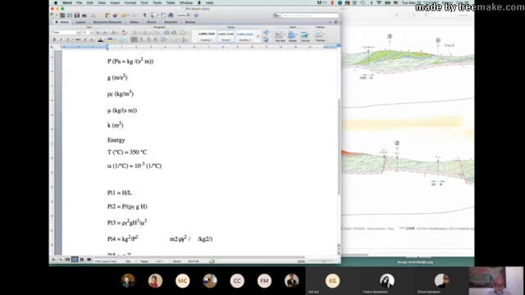Sorry, I made a mistake here. Okay, so my density is going to be kilograms squared divided meter cube, meter to the sixth.